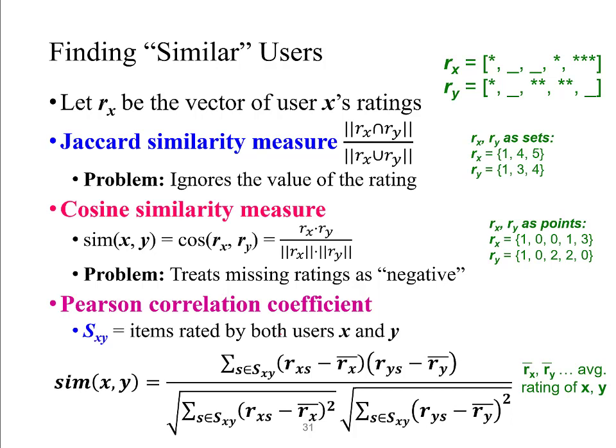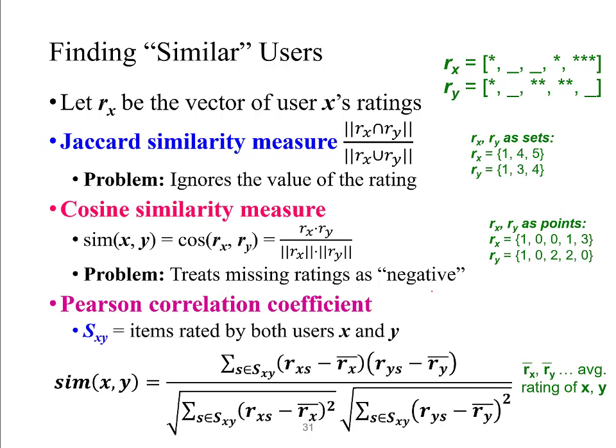We divide this by the square root of the sum of squared differences between the item ratings and the average rating of x, over those items rated by both users, and we do the same for y.